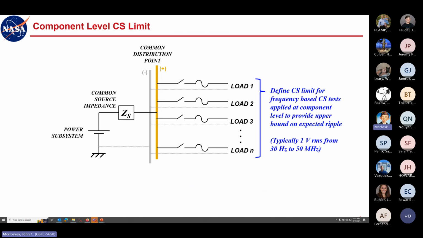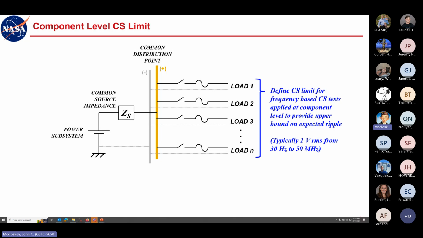Then we go a step further, because ultimately our traditional conducted susceptibility limits are defined in the frequency domain, and they're a bit easier to test, and they allow you to characterize your susceptibility as a function of frequency.